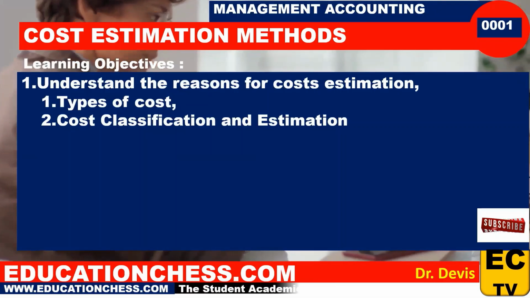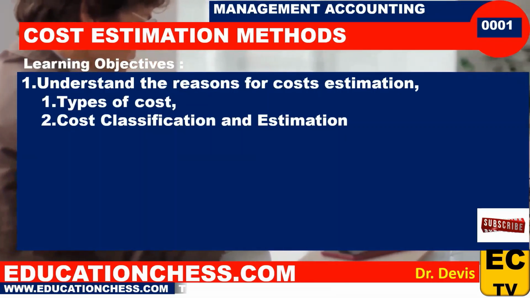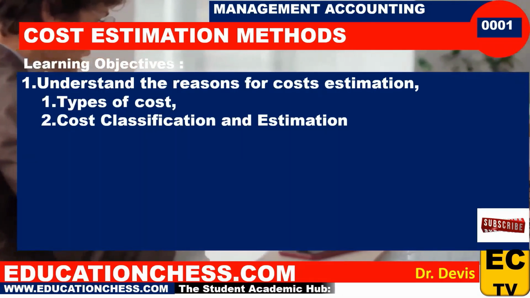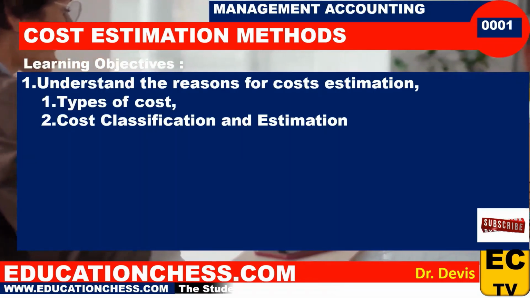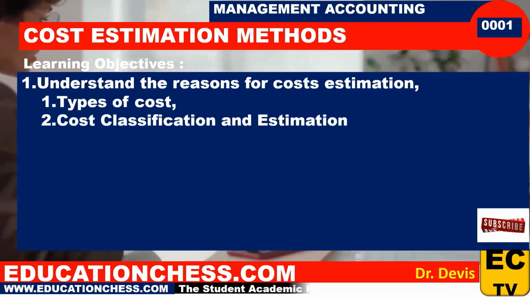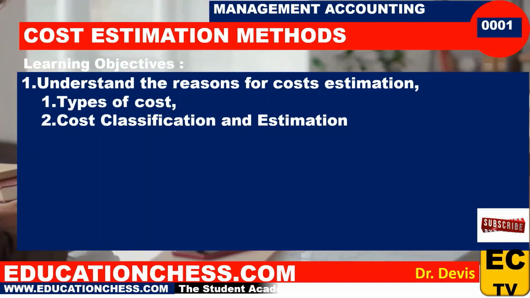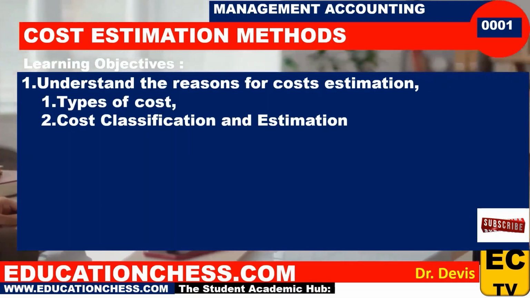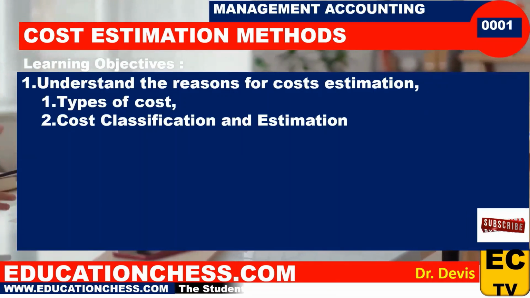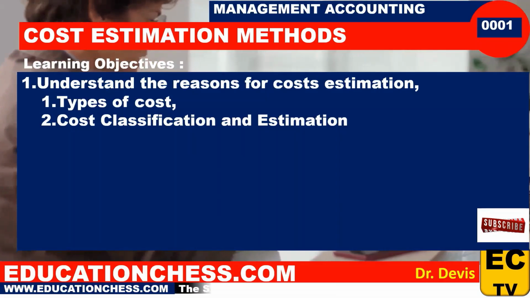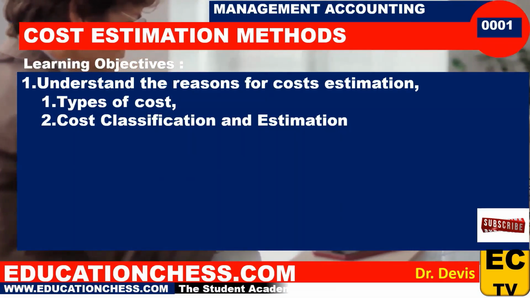During budgeting, you'll also be required to have this knowledge and understand, one, the reasons for cost estimation. Why do you need to estimate costs? Why do you need to know the cost? Why do you need to investigate costs that have been incurred? We will look at types of costs, which really include variable cost and fixed costs, but we will check that one in deep details.